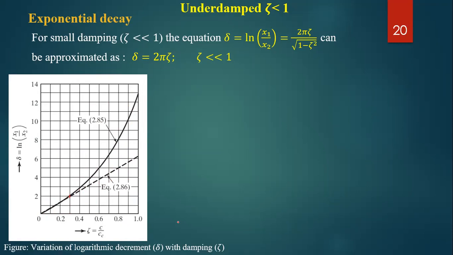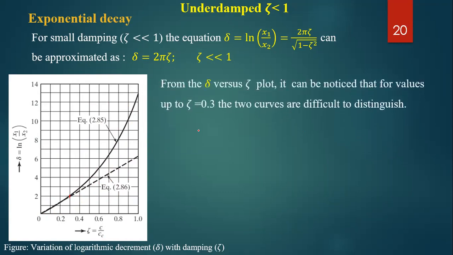They coincide. So for the delta versus zeta plot, it can be noted that for values up to 0.3, the two curves are difficult to distinguish.